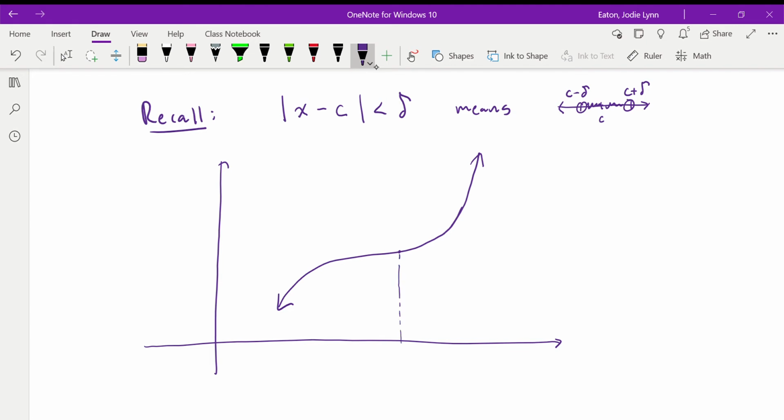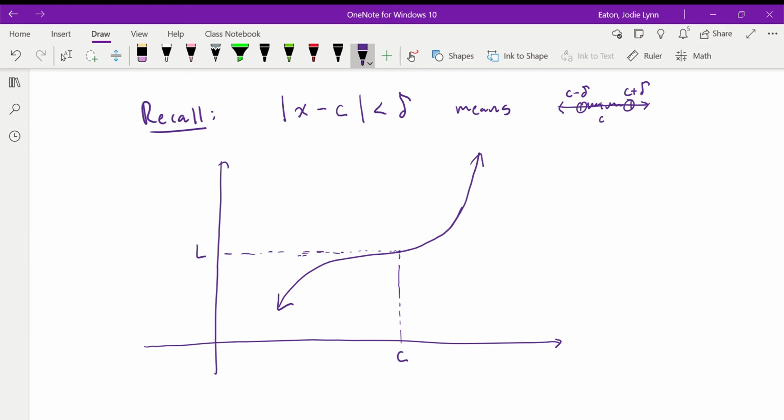Let's say this is x equals c. As we get closer and closer to c, our usual definition of a limit is the number that we're getting closer and closer to from both sides in the y as we get closer and closer to a particular point in the x. So that's our L.